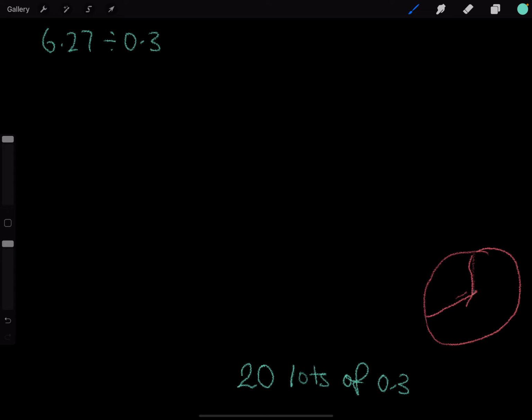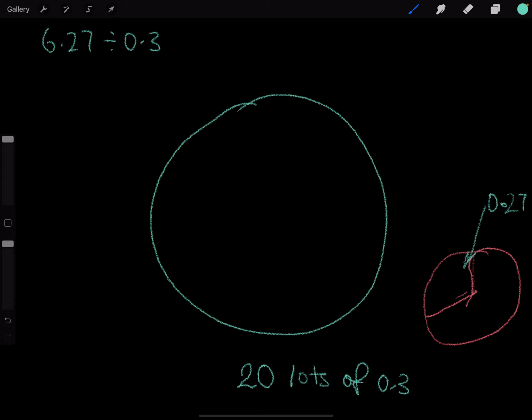This guy here is 0.27. What are we going to do with that? Draw bigger. All right. This is 0.27. Where's 0.3? What would that look like? It's 0.03 more than this.